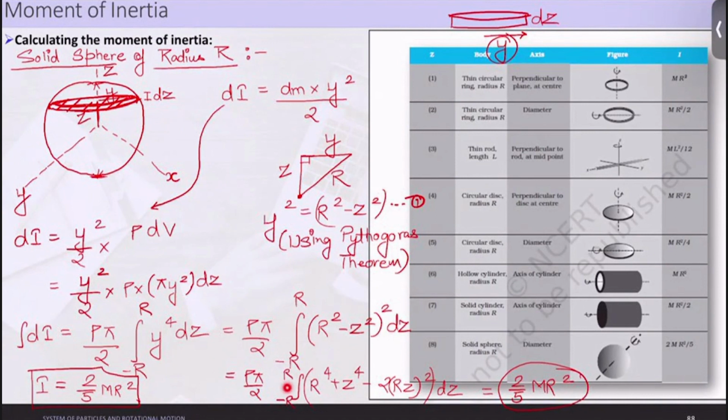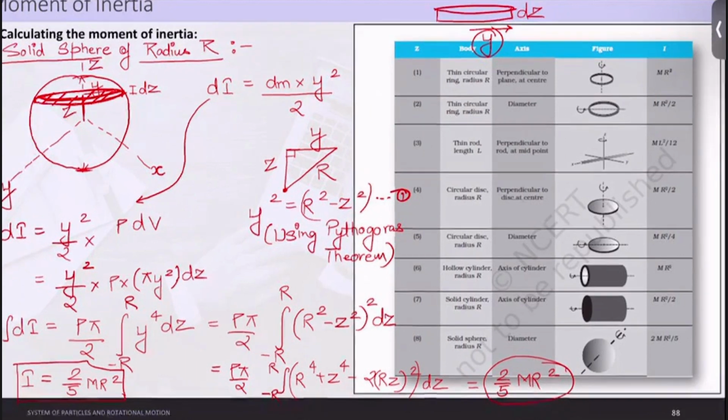Hence we can write rho pi by 2 integration minus r to plus r, and I just used the a minus b whole square property here. That gives me r to the power 4 plus z to the power 4 minus 2rz whole square dz, and when we simply integrate, you will get the answer as 2 by 5 mr. Hence I is 2 by 5 mr square.